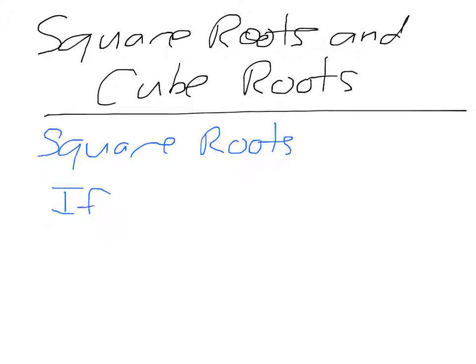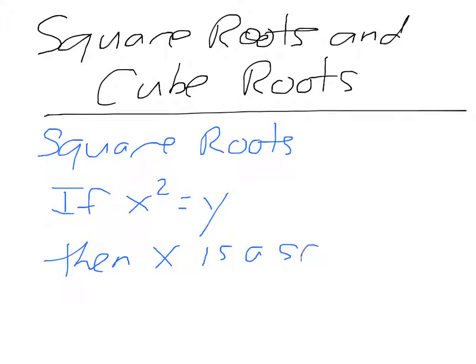If x squared equals y, then x is a square root of y. That means if I take a number and square it, then the original number is back. Okay?